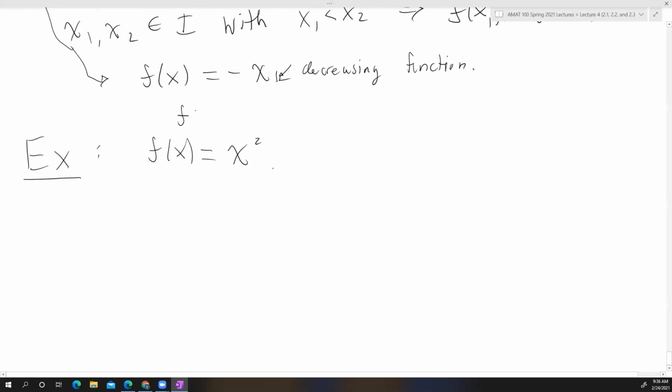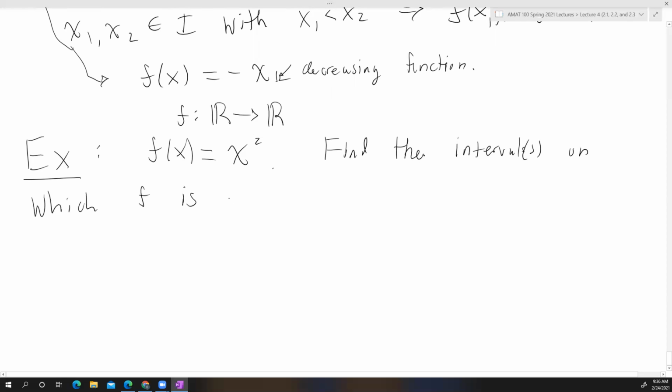And so the function is defined on R, and it goes from R to R, and we want to find the intervals on which f is increasing and decreasing.